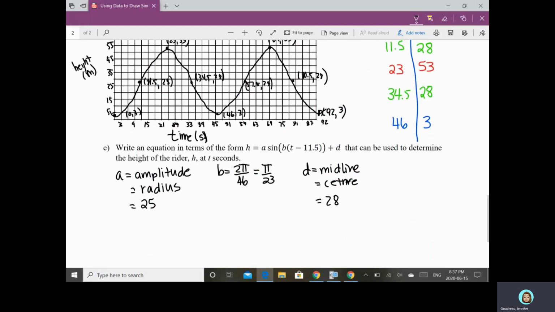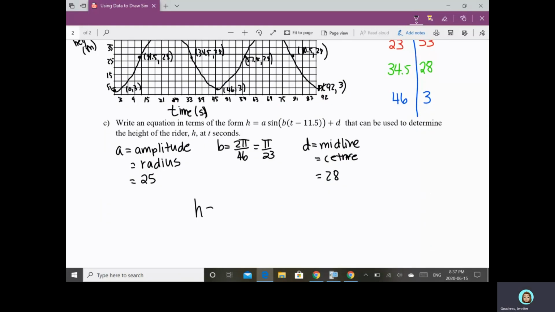Our equation then is h equals 25 times the sine of pi over 23 times t, again, we have that c value there, don't worry about it, just write it down, plus 28.